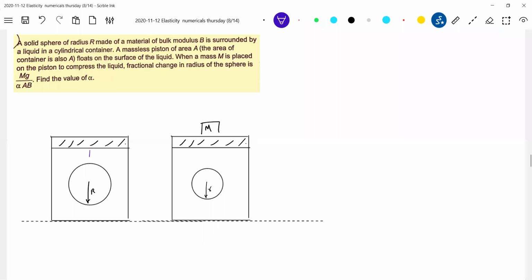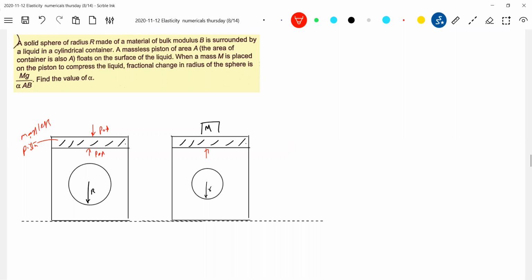I'll write down some equations here. We know some mathematics from fluid mechanics. This is a light, massless piston, so it is in equilibrium.